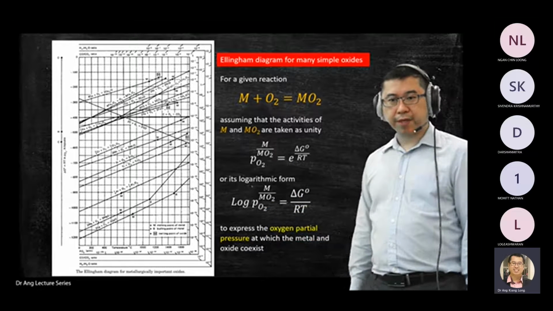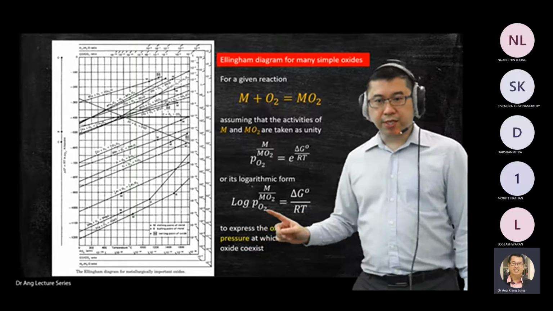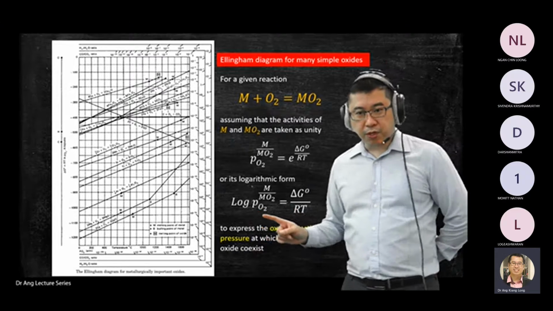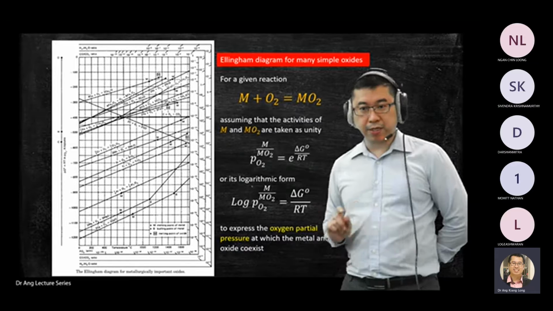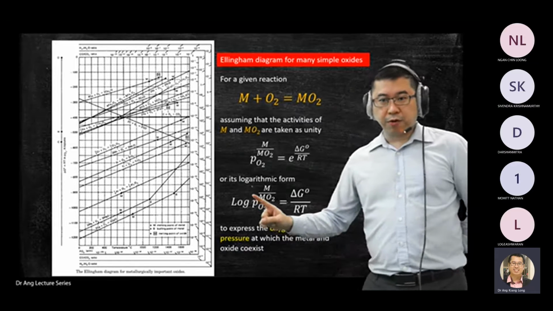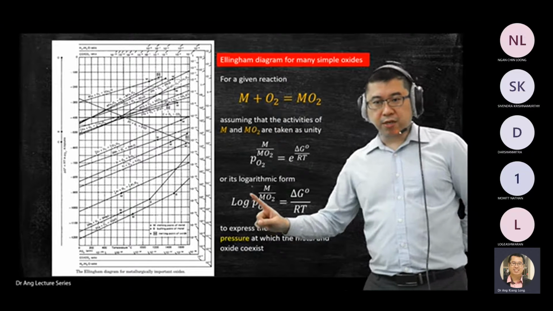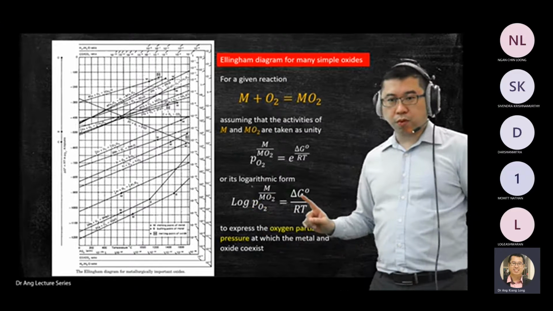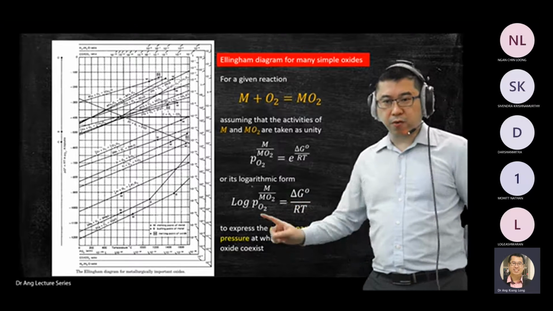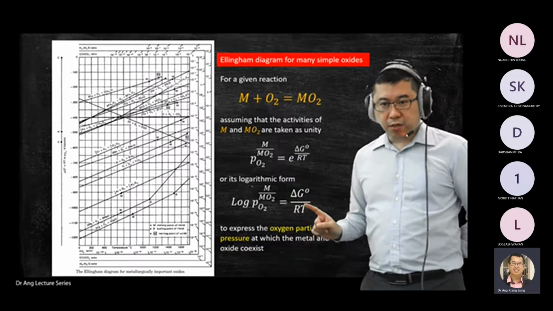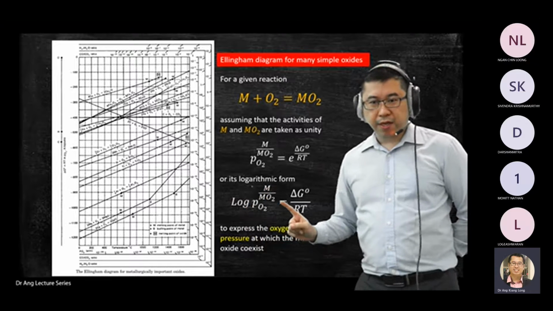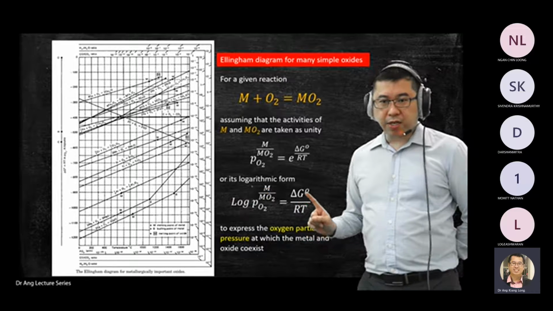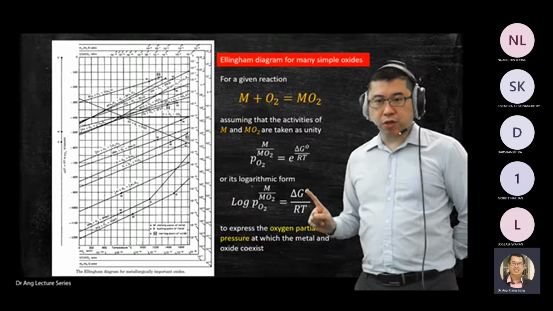As you can see here, if you look at this equation from the perspective of mathematics, this is your y, or let's say your x, and y equal to mx. So you can plot your y, and let's say your x is delta G naught.